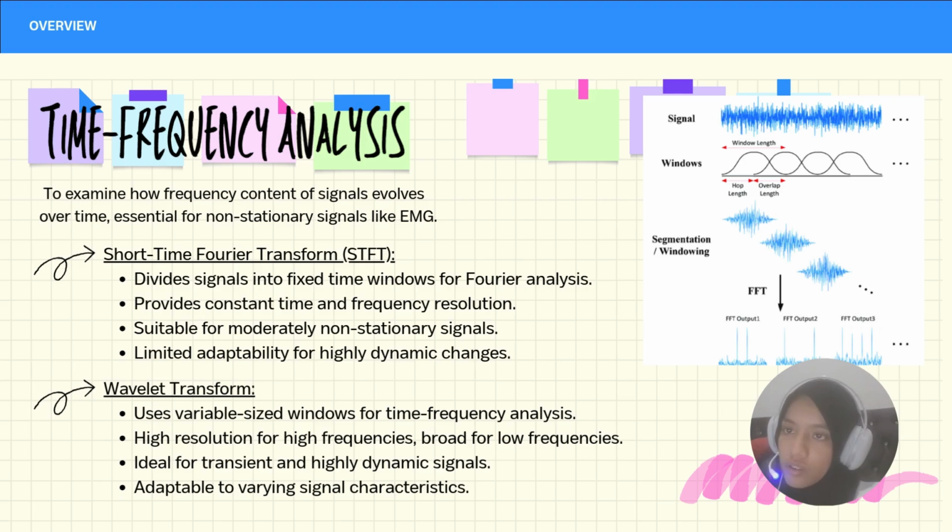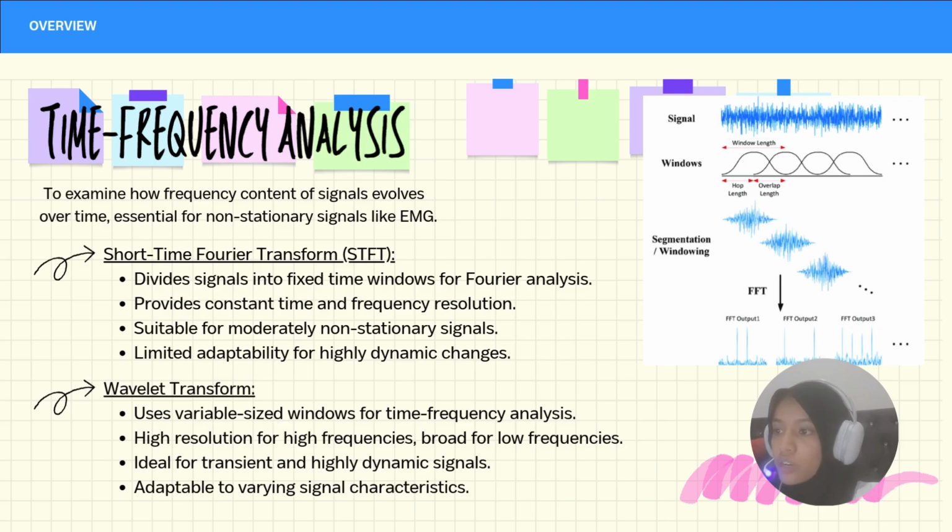Short-time Fourier transform is a process where we split the signals into equal time windows, which gives a steady resolution for both time and frequency. However, it struggles in that it cannot overcome very fast or dynamic changes.